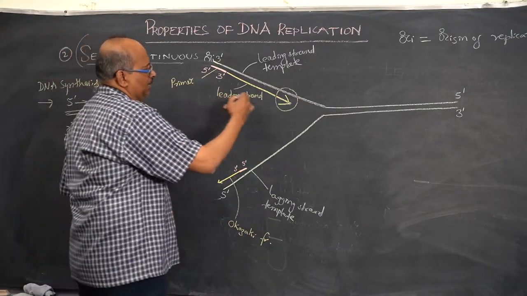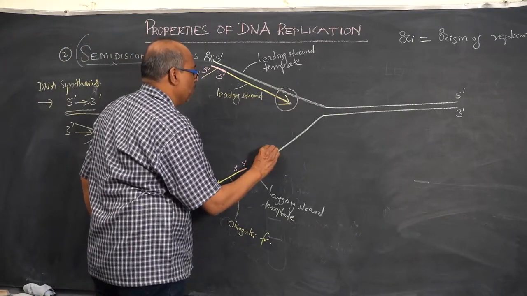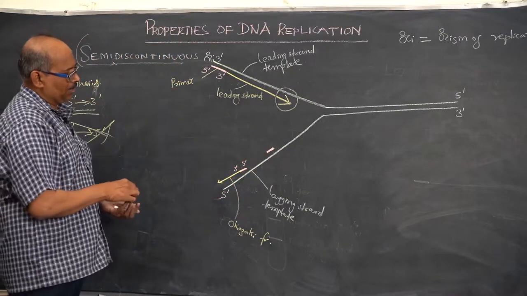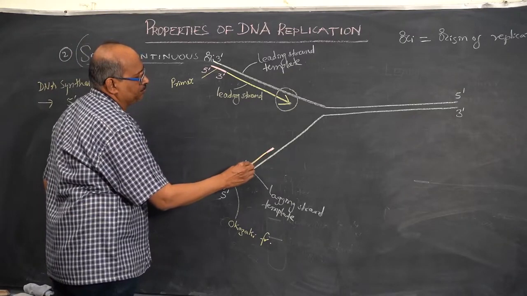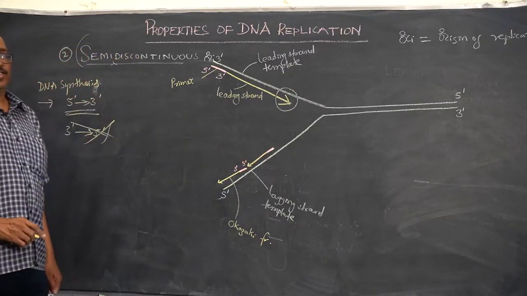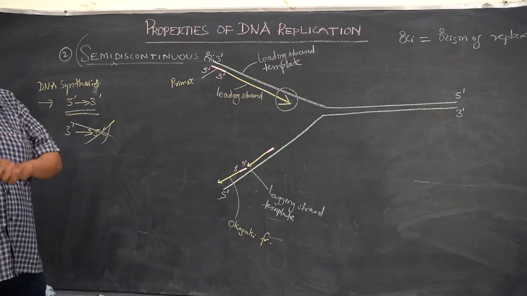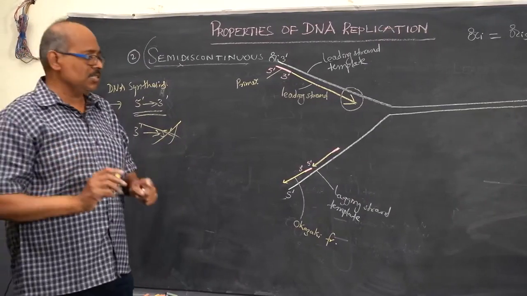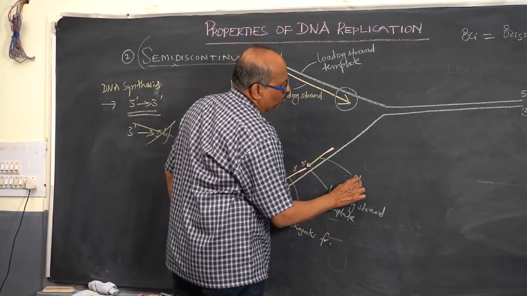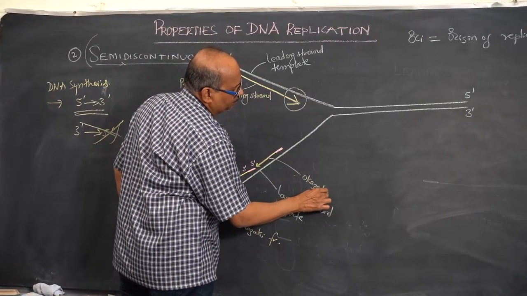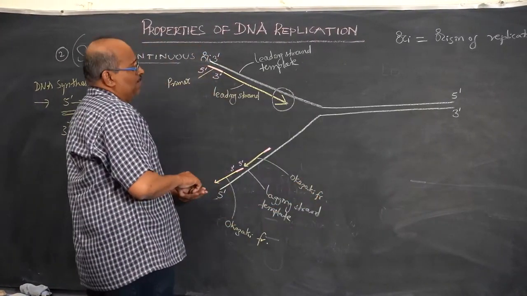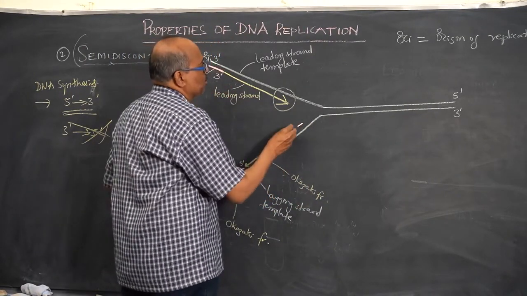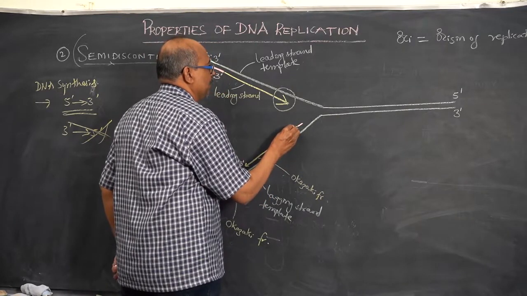Then, as the leading strand is further synthesized, one more primer is formed, and this primer is further extended. So you have formation of the primer and then extension of the primer by deoxynucleotides. That's how the Okazaki fragments are synthesized. So this is one more Okazaki fragment. Then somewhere here we get one more primer, and the polymerase starts synthesizing DNA.